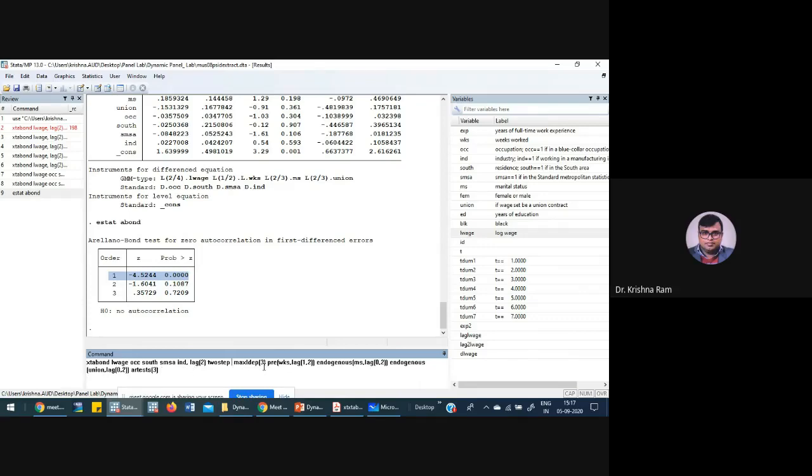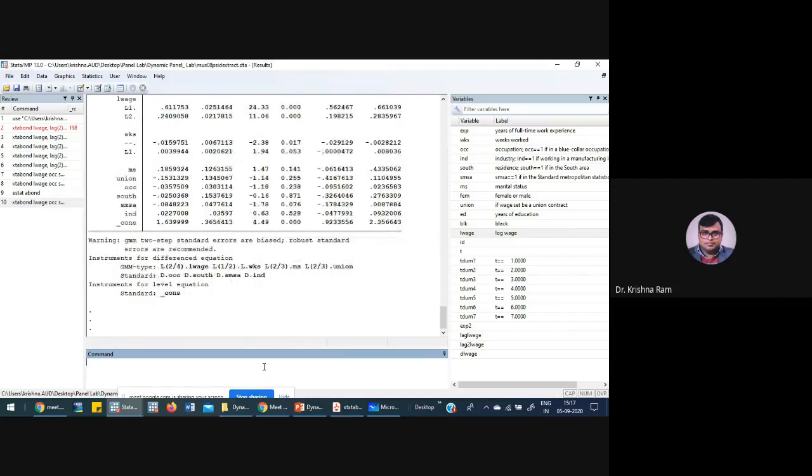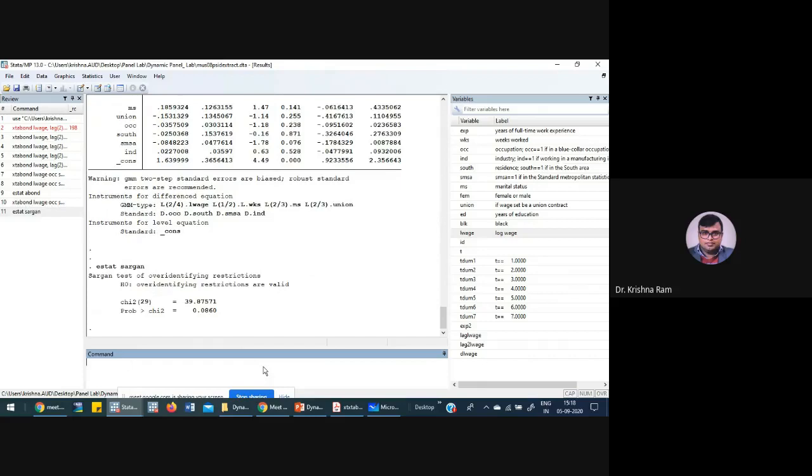So without robust standard error, we run the regression, and after that we put the command of the Sargan test, which is estat sargan. The null hypothesis of this command is that there are no overidentifying restrictions.